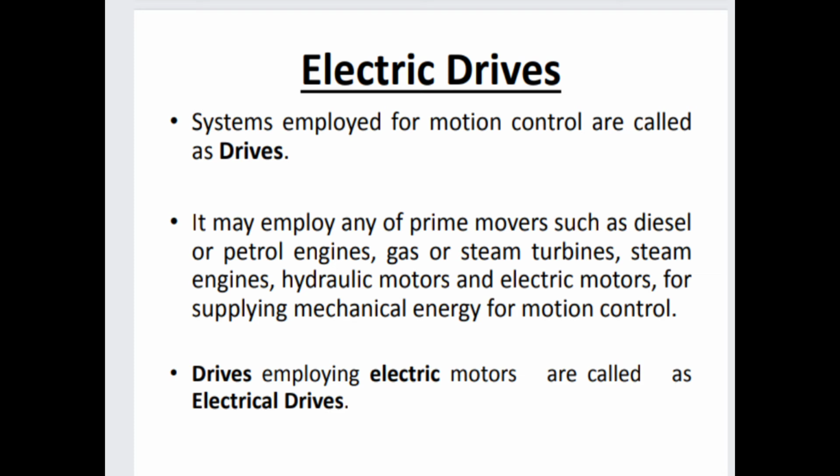Simply, electric drive is nothing but motion control.